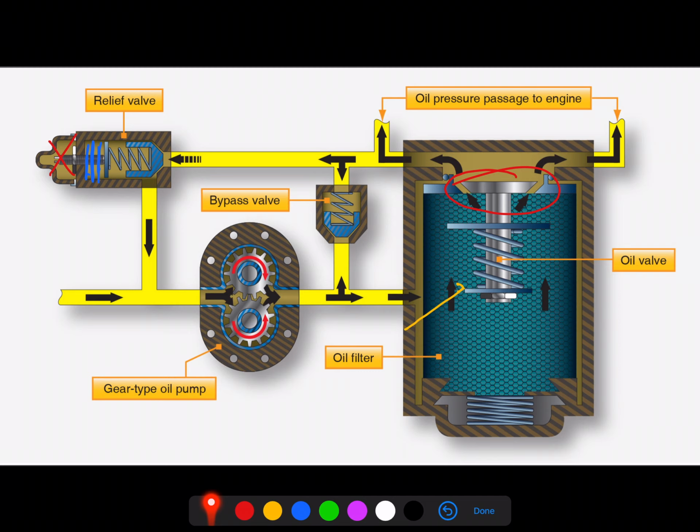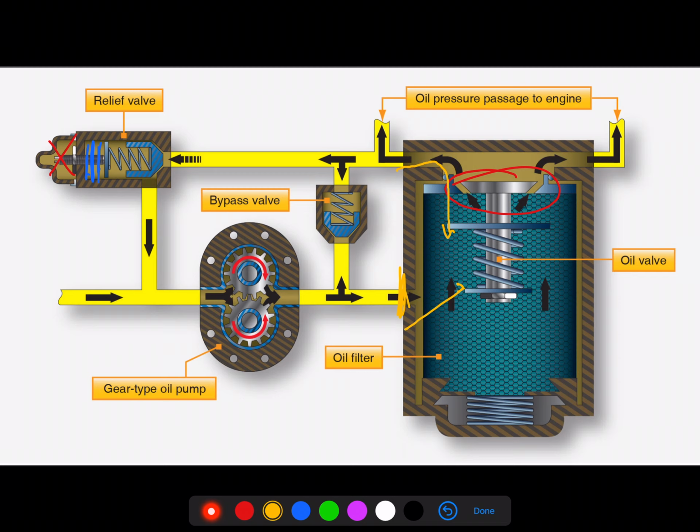The other thing I want to point out to you is in a normal system, what we see with our oil filter is typically the pathway for oil to flow is going to come in and exit on the same side. What I mean by that is in a normal system, rather than what you see on the side over here, oil is going to enter through drilled holes that we see located around a central point on that oil filter.